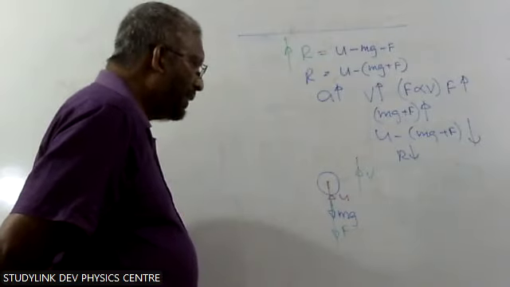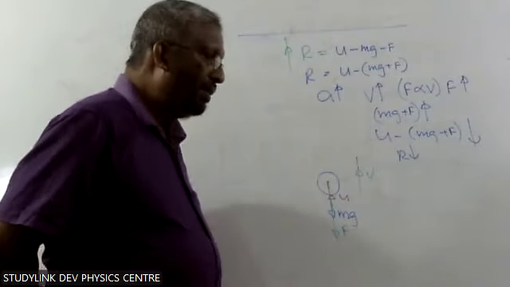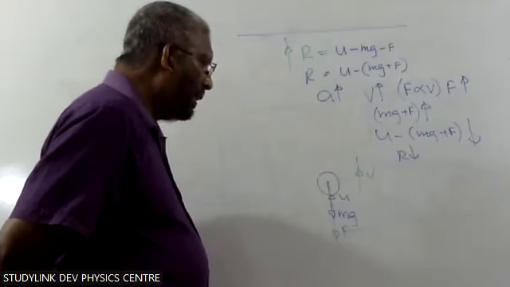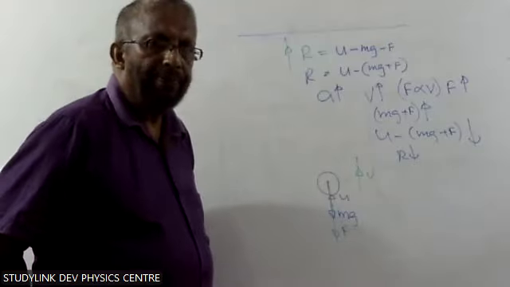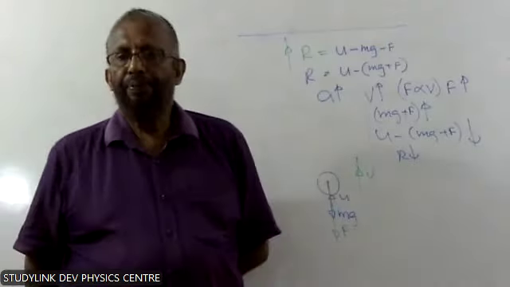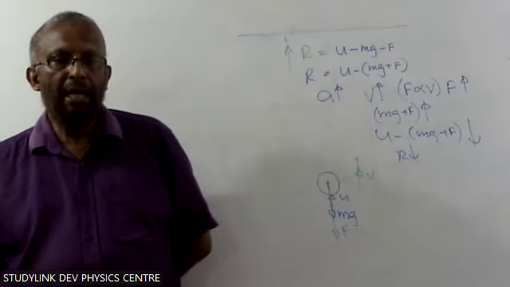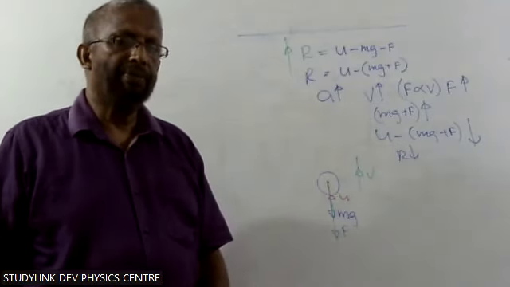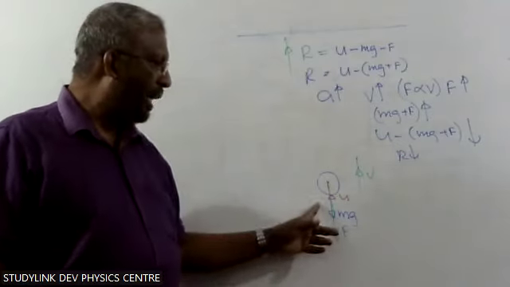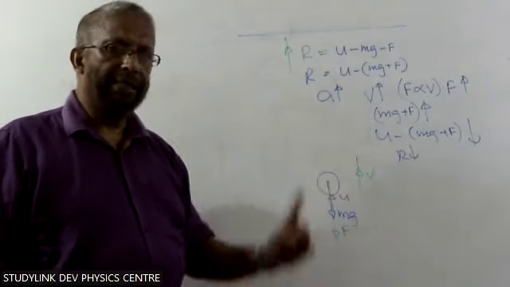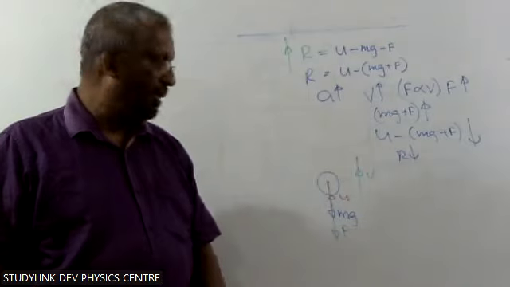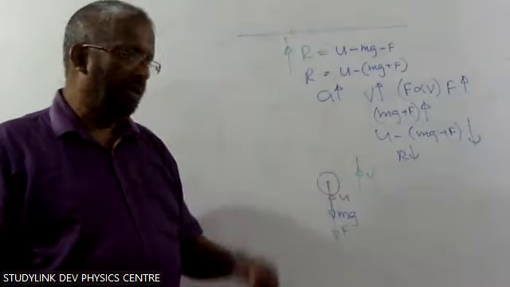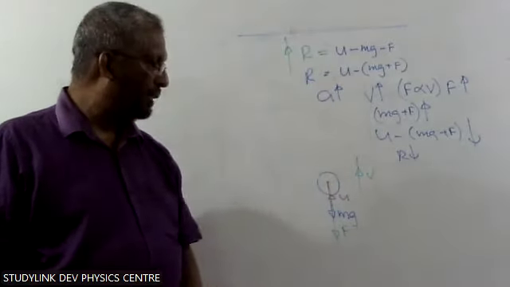When the sphere is released, in the first situation, the following forces are acting on the sphere. Number one, upthrust, vertically upwards. Number two, the weight of the sphere, vertically downwards.